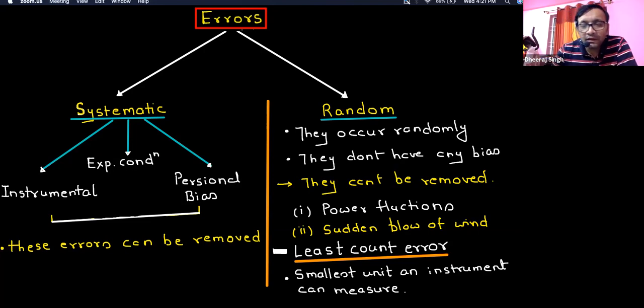This is the least count error. Okay, so every instrument that you deal with, anything you take, every instrument will have a smallest unit. Lesser than that it cannot measure. Okay, have you noticed that sometimes you use vernier calipers to measure the distance, right? Why you're using vernier caliper? Why not, let's say, proper scale itself? What is the problem?